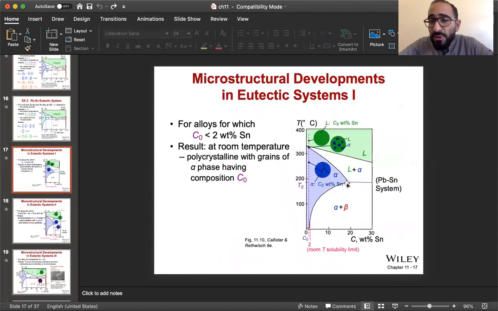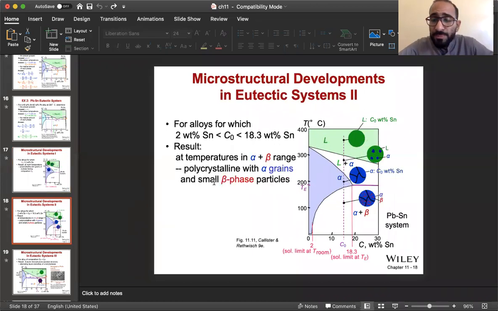Here you are below this composition, so all the liquid can transform at the end to a single type of alpha. If you keep cooling down to room temperature, nothing is going to happen. You still have a single solid phase, the alpha phase.